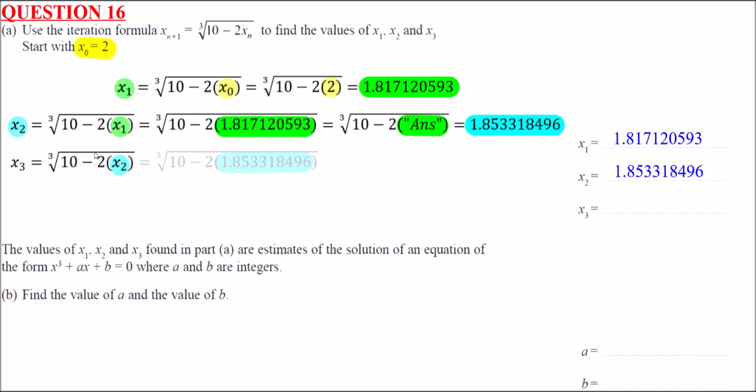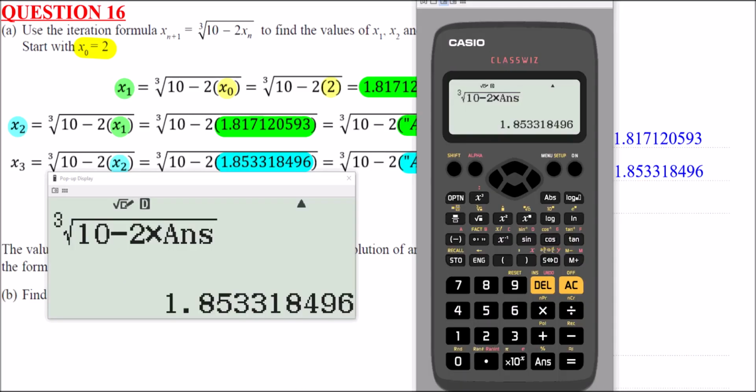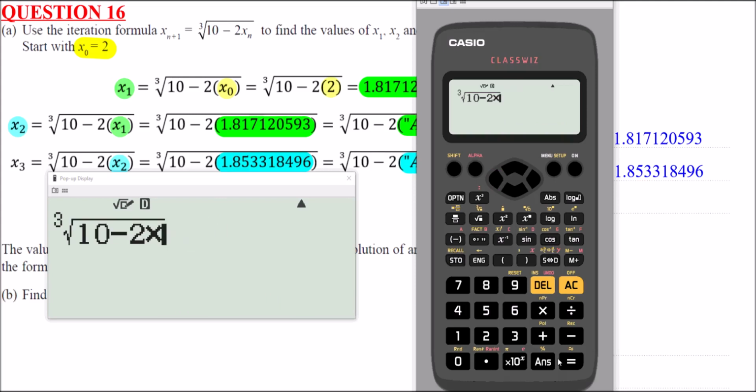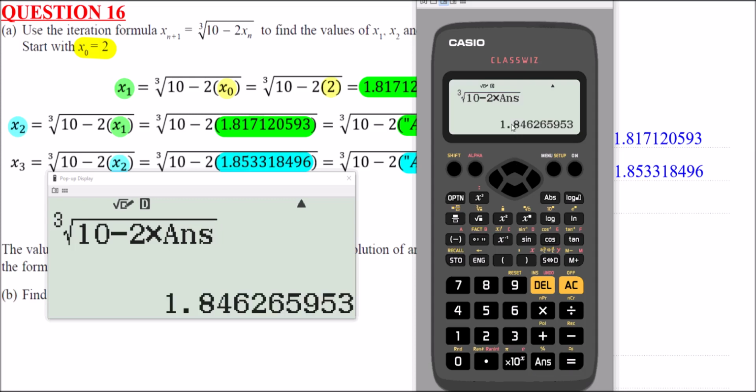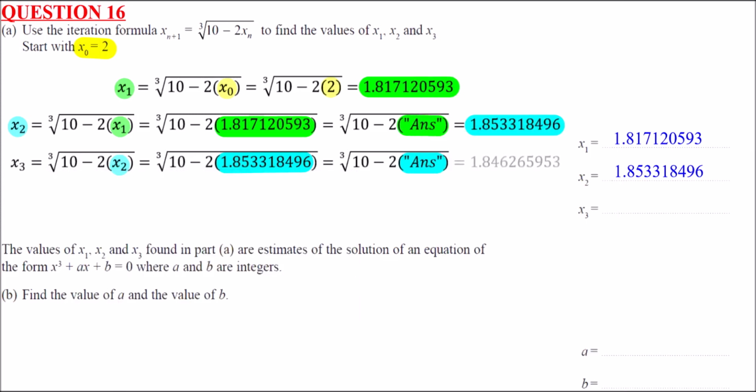So that's cube root of 10 minus 2 lots of this, which is the same as if you just do the cube root of 10 minus 2 times the previous answer we got. So again, if we just toggle back, press delete, and type in the new ANS, because the ANS will have updated since last time, that's equals, we get 1.846265,953. And that's our third and final value for x.